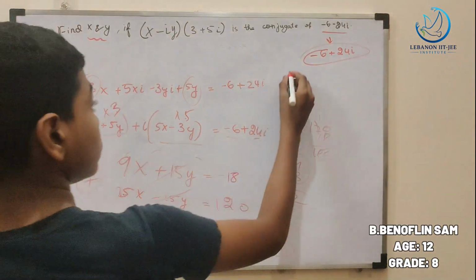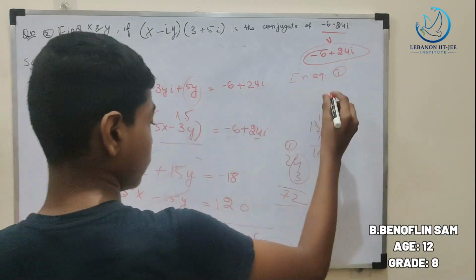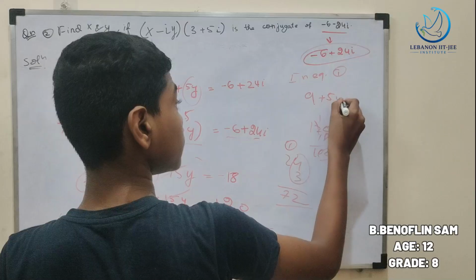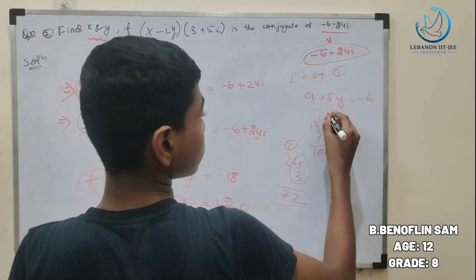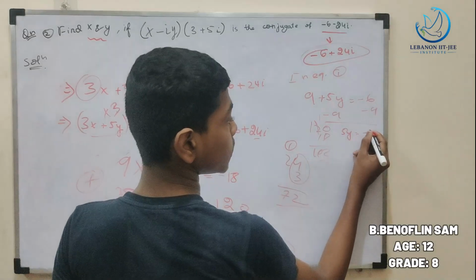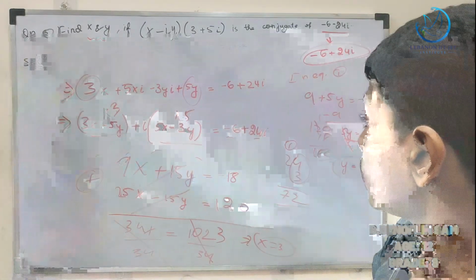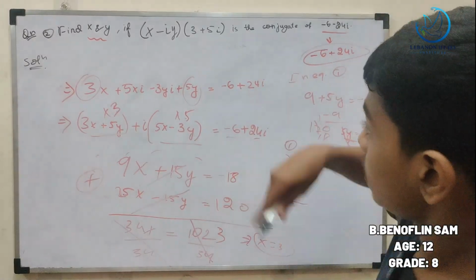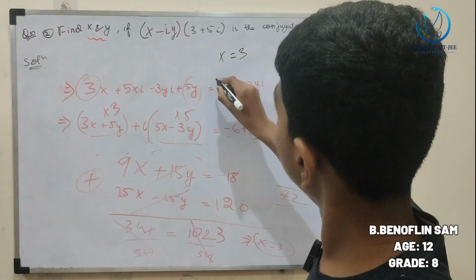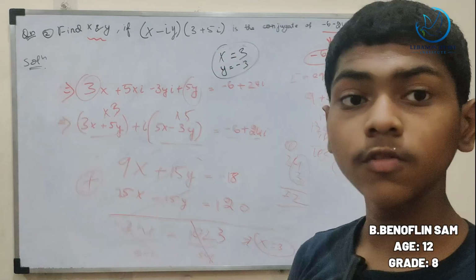In equation 1, 9 plus 5y is equal to minus 6. If you subtract 9 from both sides, you get 5y is equal to minus 15. Dividing both sides by 5, y is equal to minus 3. So the answer is x is equal to 3 and y is equal to minus 3. This is how to solve it.